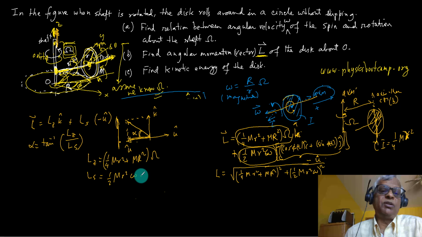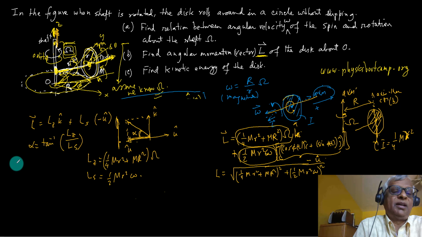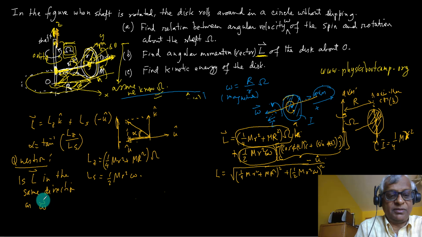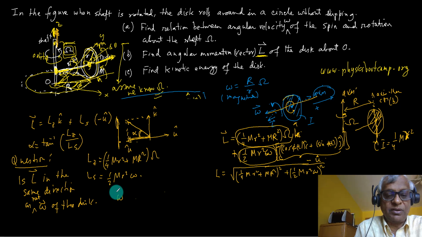You might want to check. I'm going to leave you a question: is L in the same direction as the omega vector of the disk? So this is the net omega of the disk. So what is the net?